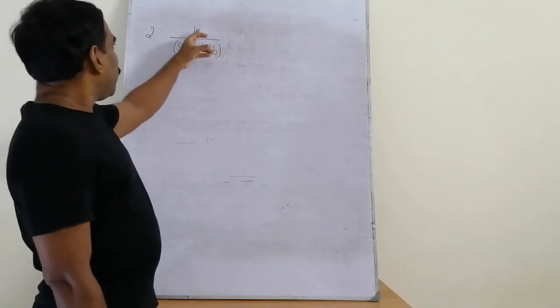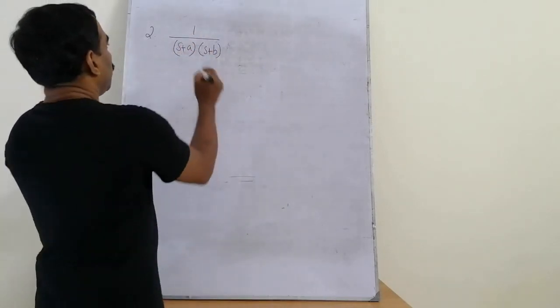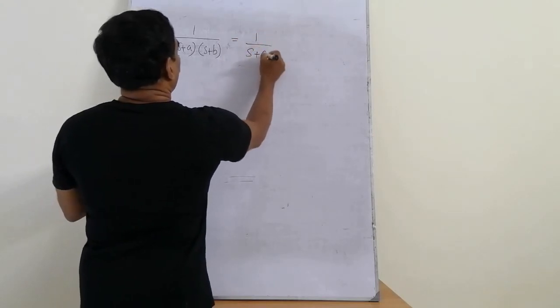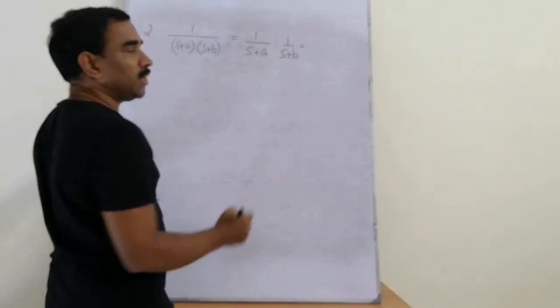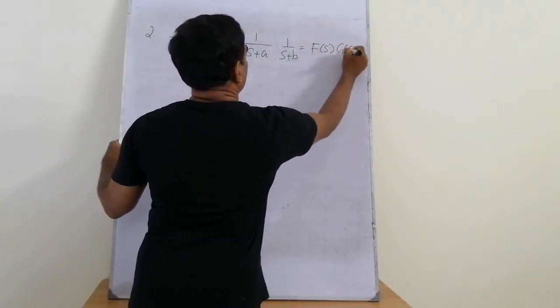Consider the problem: find the inverse Laplace transform of 1 by (s plus a)(s plus b). We can split this as 1 by (s plus a) into 1 by (s plus b). Let the first function be F(s) and the second be G(s).